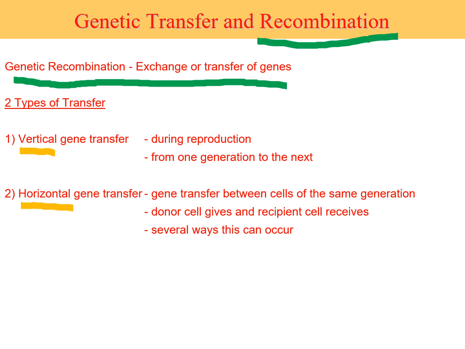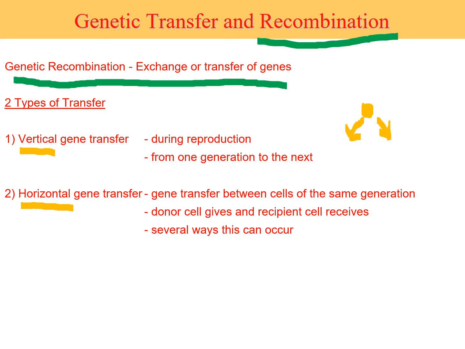Vertical refers to transfer going from one generation to the next generation, to the daughter cells that are produced when you have DNA replication and binary fission in bacteria, or in humans, in eukaryotic cells, it would be DNA replication before mitosis.